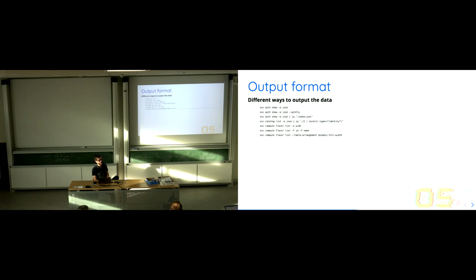Then dash o wide, maybe some of you know dash dash long in the OpenStack client, so this is more or less similar to that, with the difference that it just prints out everything. In the OpenStack client we still have the fixed lists of columns that we are returning. Here it is either the short one or the full one.